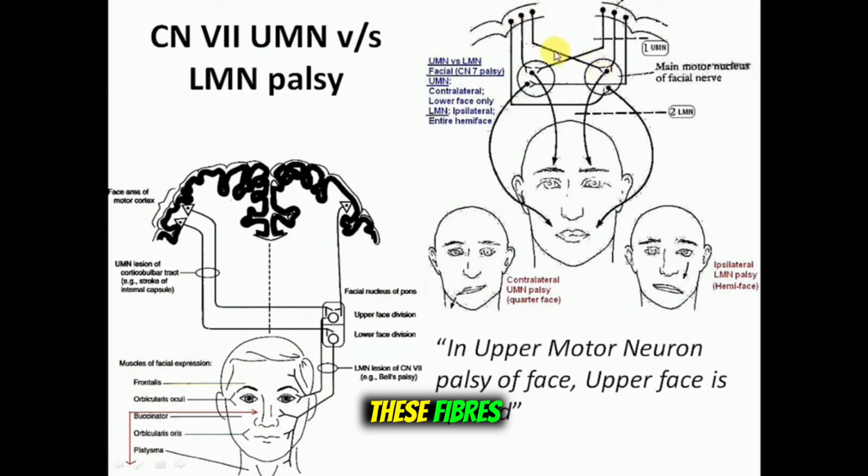So as we can see here, these fibers of the right side corticobulbar fibers control not only the left but also the right upper part of the facial nucleus. And we know that from the upper part of the facial nucleus, the fibers innervate the upper part of the face.